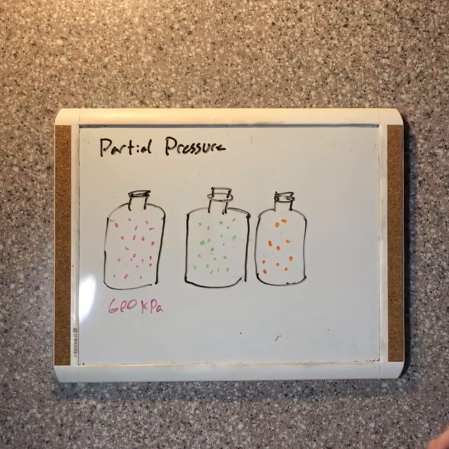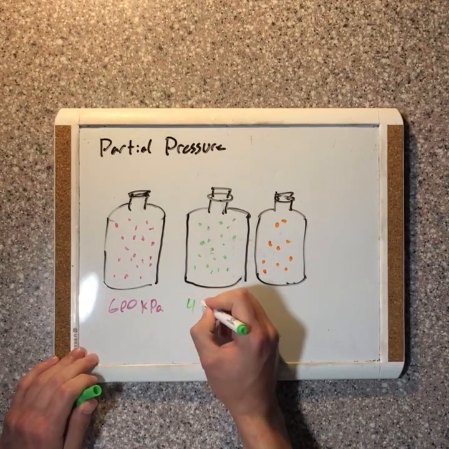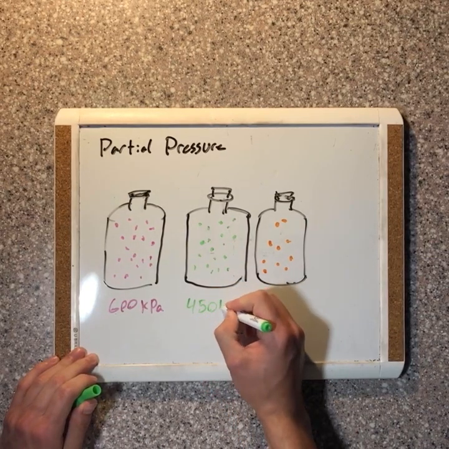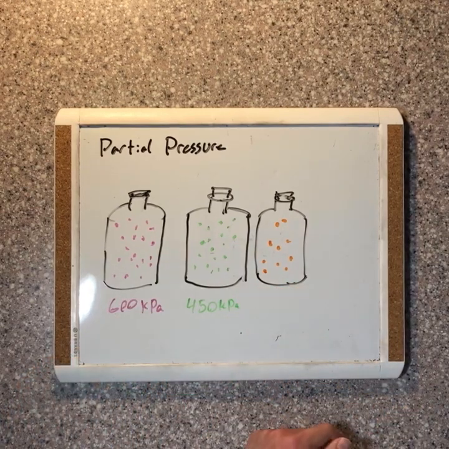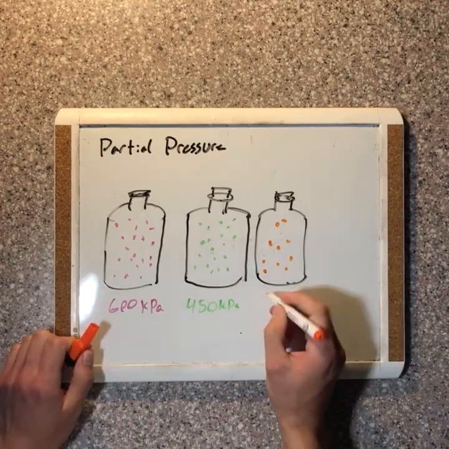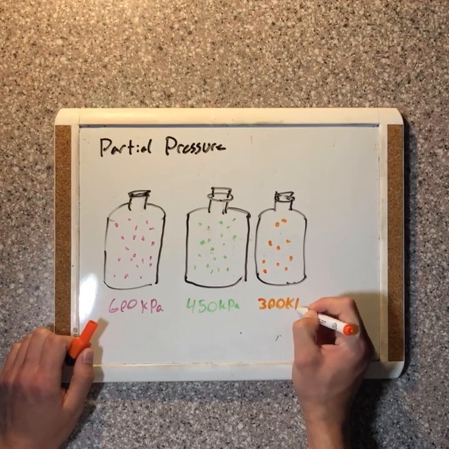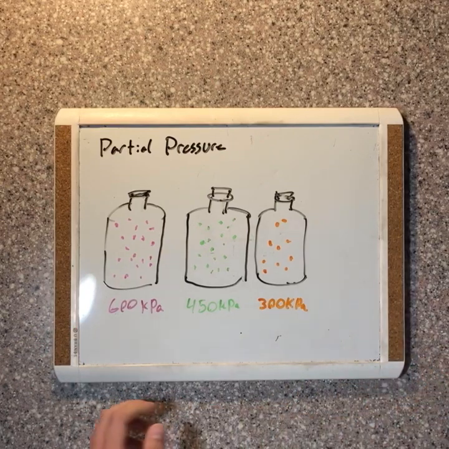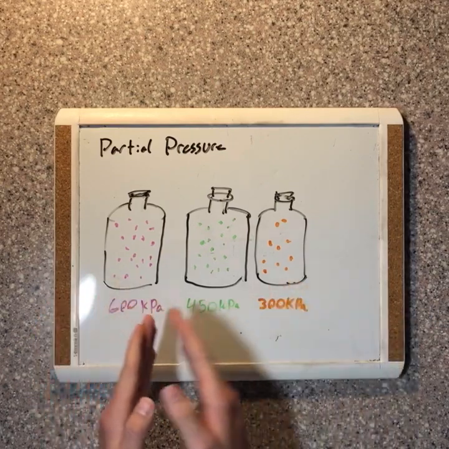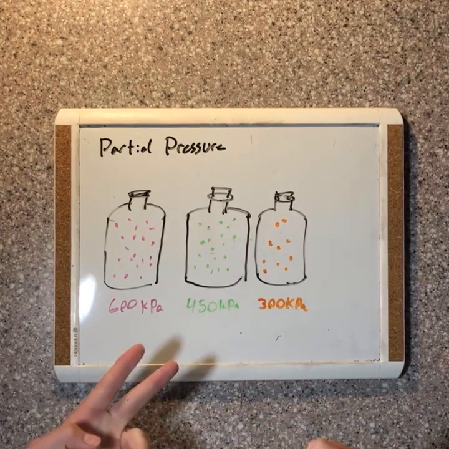Let's say that this green one has a pressure of 450 kilopascals. And that this orange one has a pressure of 300 kilopascals, kPa.